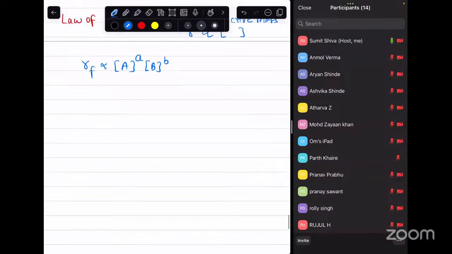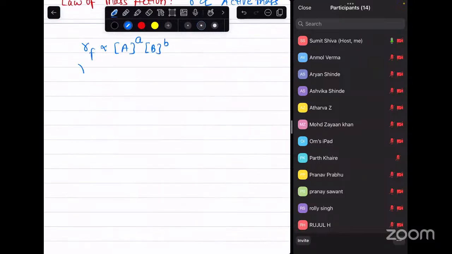If you remove the sign of proportionality, you will have a constant which is given as Kf, so Rf = Kf [A]^a [B]^b. Here Kf is the proportionality constant, and it is named the rate constant for forward reaction. Are you getting it?